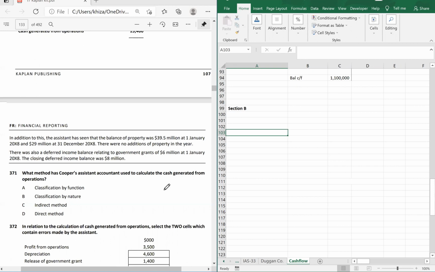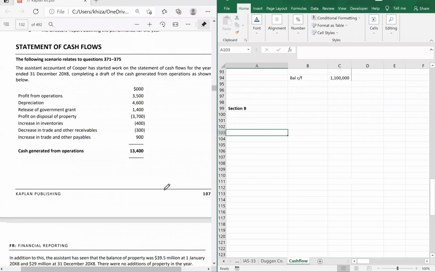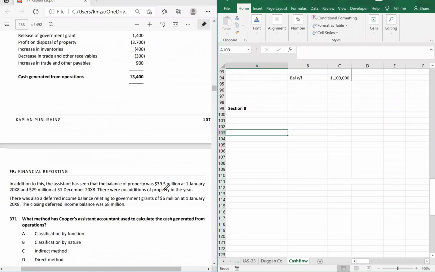The closing deferred income balance was $8 million. Now, what method has Cooper's assistant accountant used to calculate the cash generated from operations? Classification by function, classification by nature, indirect, or direct? Indirect.